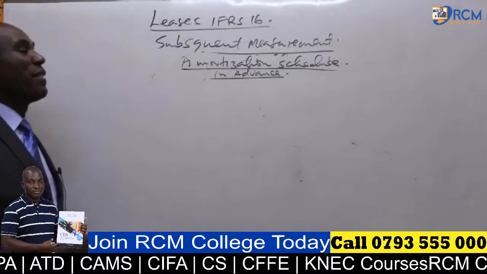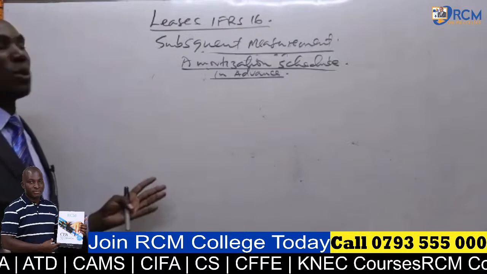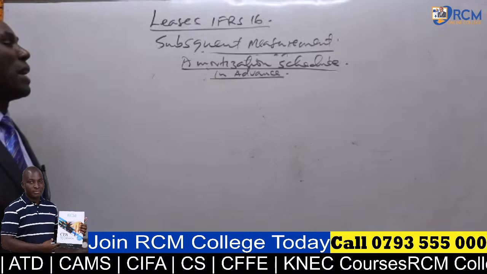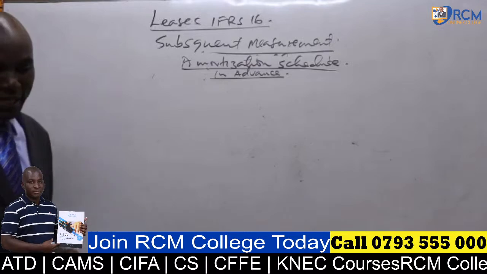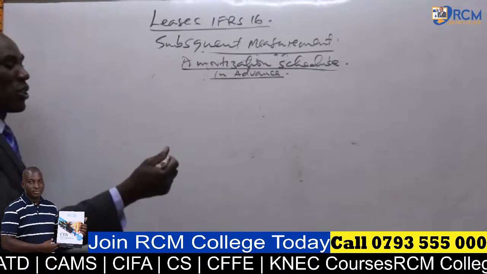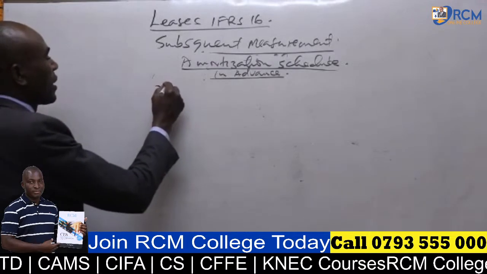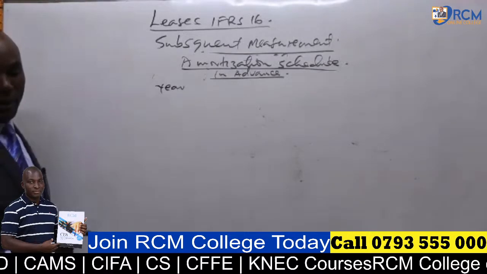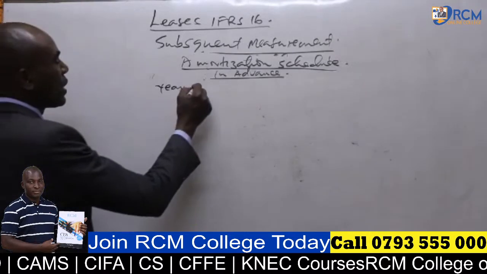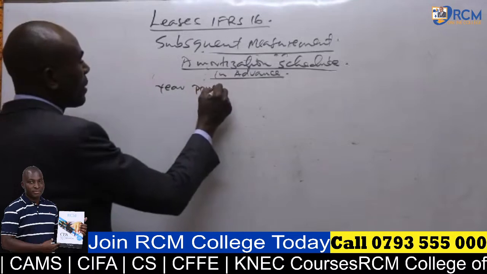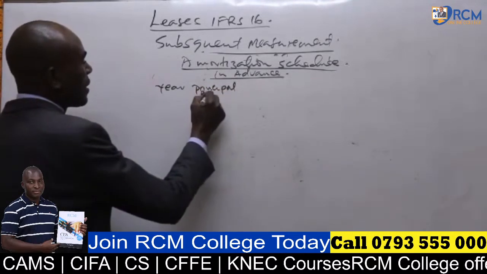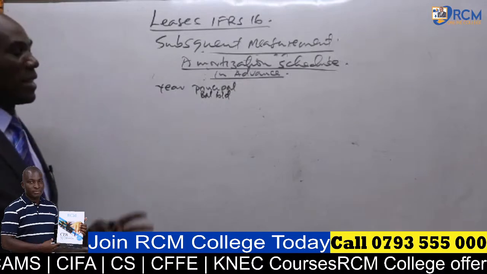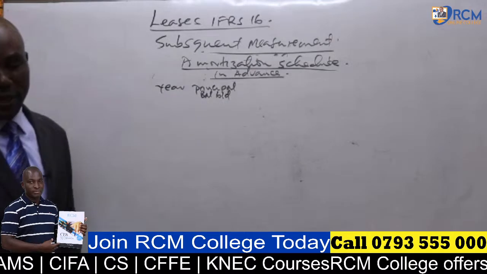If it is in advance, how do we prepare that amortization schedule when payments are made in advance? This is how we prepare it. I will say year, then balance brought down, the principal balance. That is what I have at the beginning as the value at the beginning of the year.